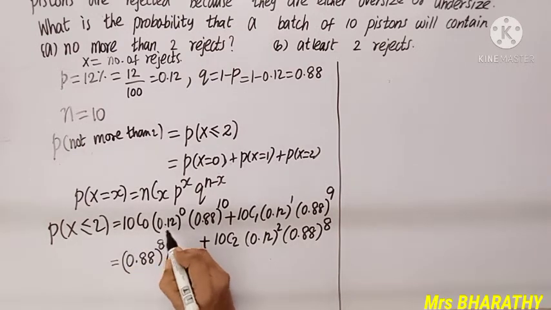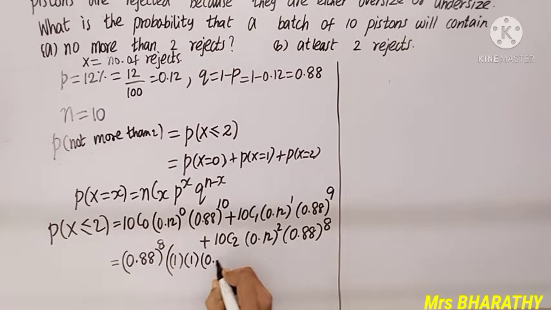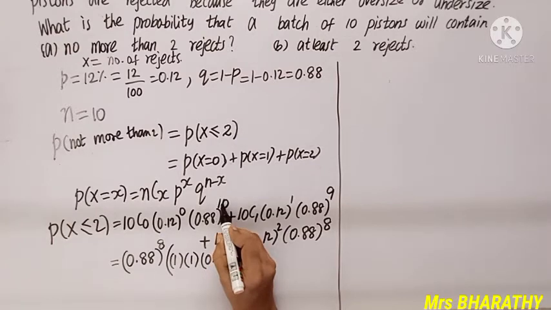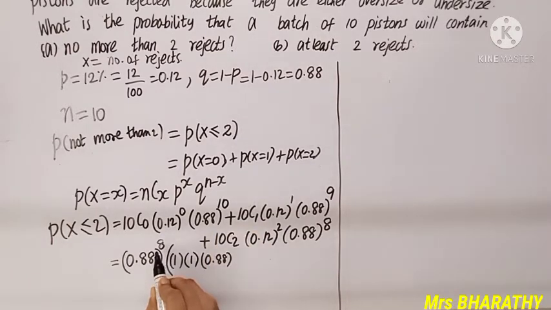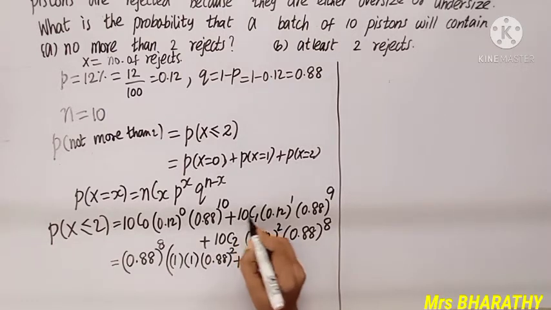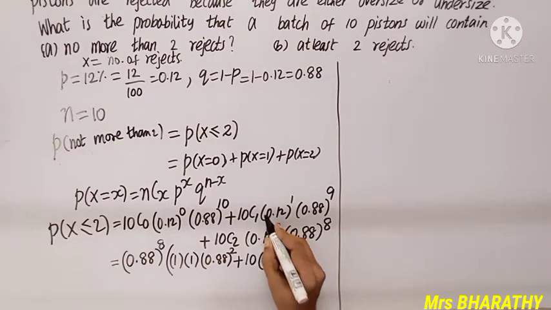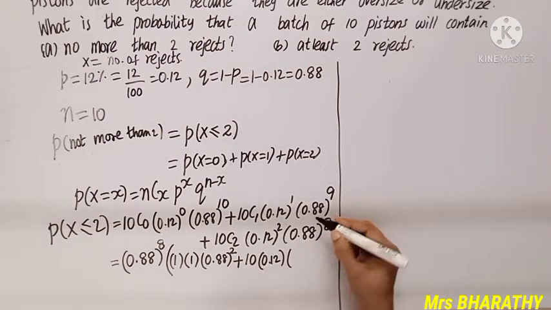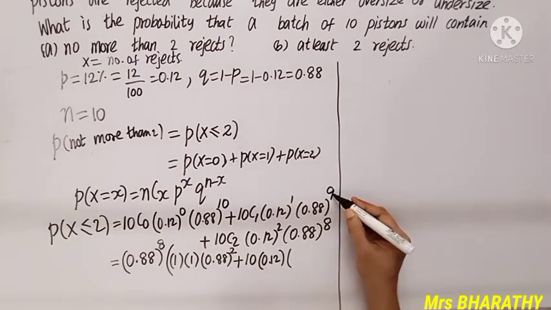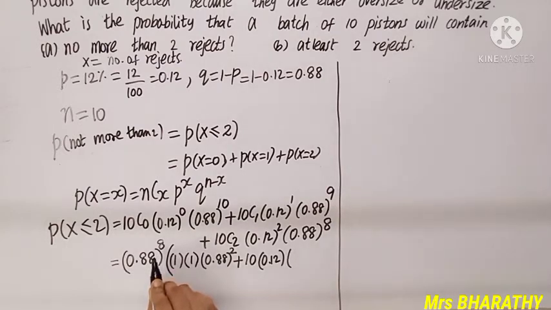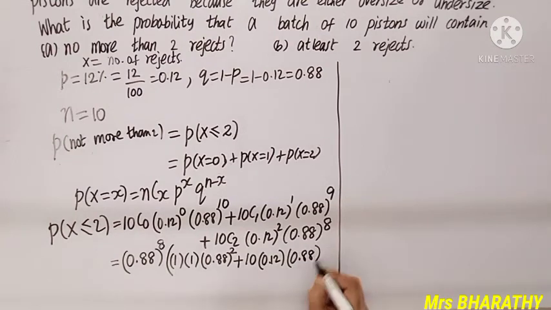Any number power 0 is again 1. 0.88 power 10, but I have taken 8, so 10 minus 8, 2 is left out. 10C1, 10, 0.12 power 1, 0.12. From 0.88 power 9, I have taken power 8 as common, so power 1 is left out.